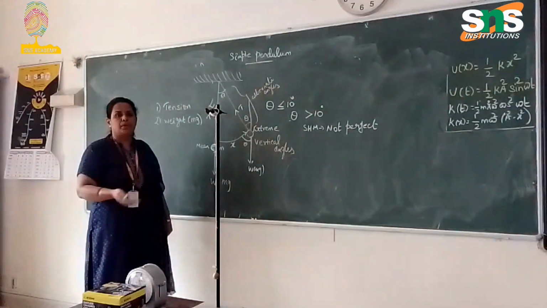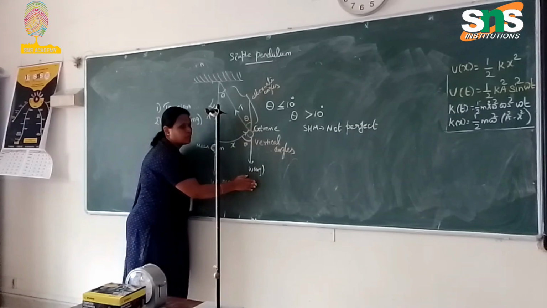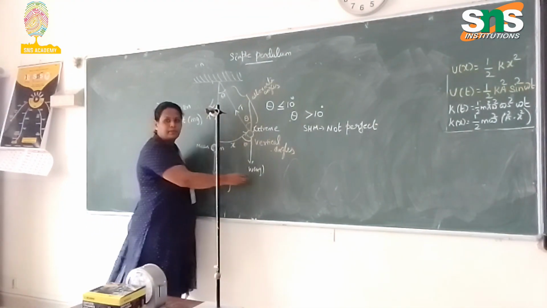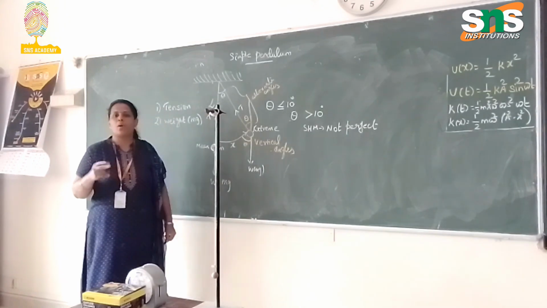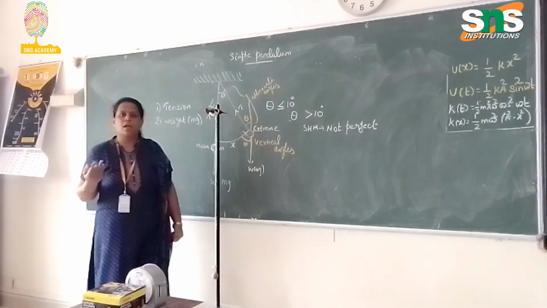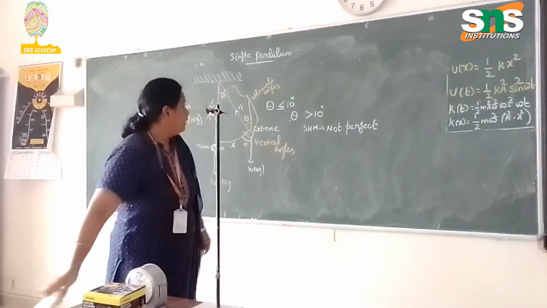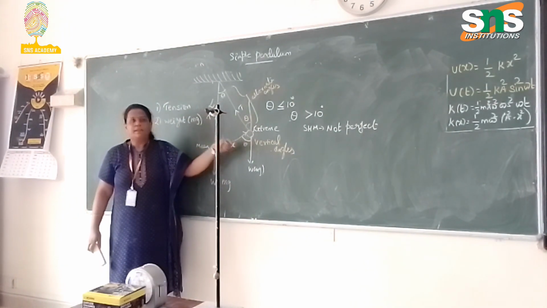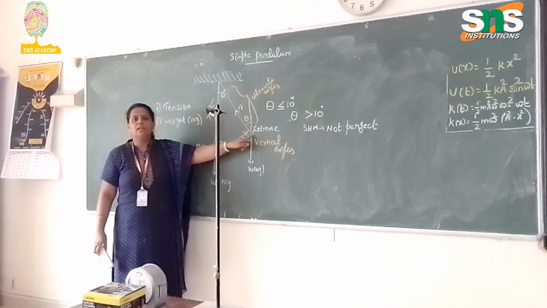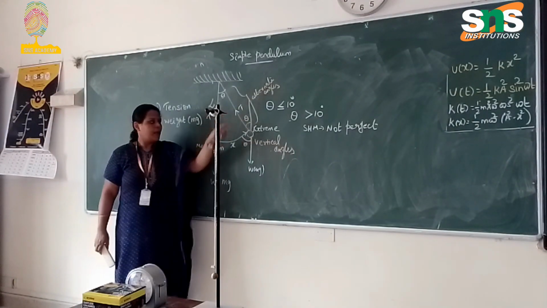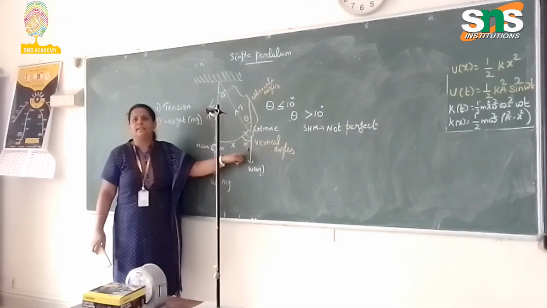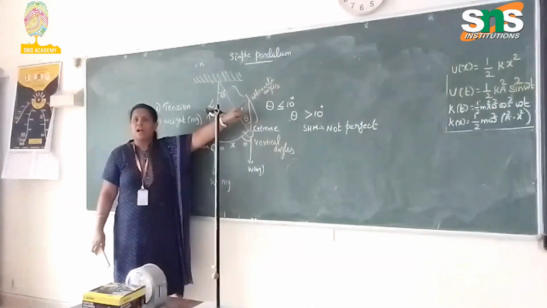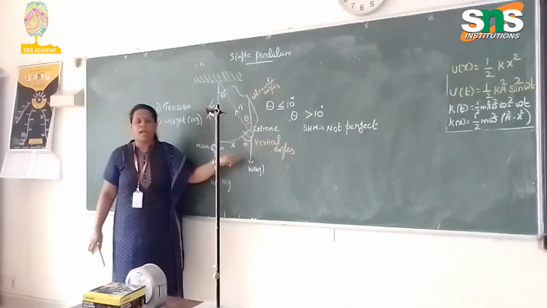So I am going to resolve this weight into two components, horizontal and vertical. Is it clear about these angles? This theta is equal to this theta since these are vertical angles, and this theta is equal to this theta since these are alternate angles.